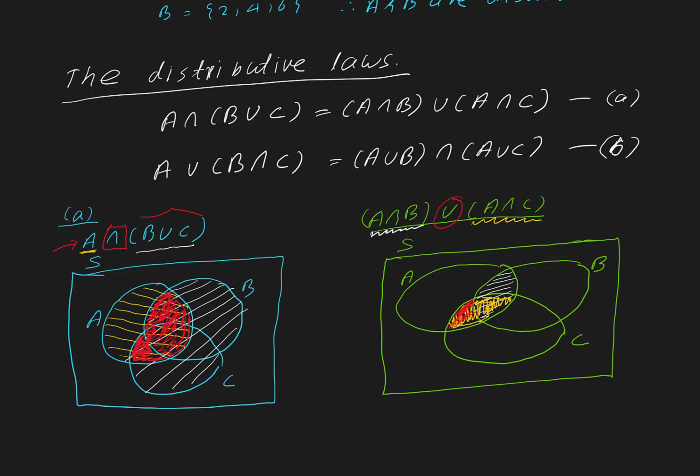This is the area we consider for the right side part. Therefore, you see the red area in both Venn diagrams is the same. That means A intersection (B union C) equals (A intersection B) union (A intersection C) is correct. You can try the second one, B, by yourself.